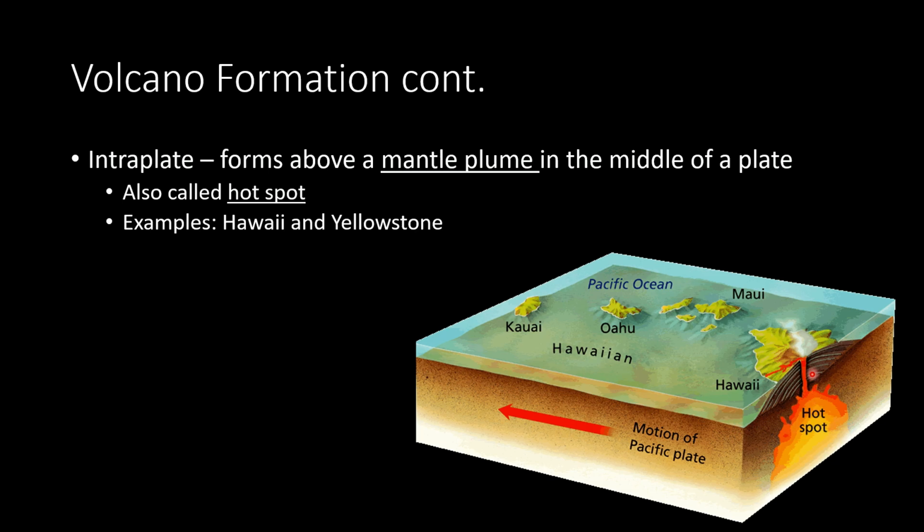The examples we have, like in this diagram here, it's Hawaii. So there's a hot spot in the center of the Pacific plate, and above that hot spot, you get a chain of shield volcanoes forming. So since the hot spot doesn't move, but the Pacific plate is moving over the top of the hot spot, all of the Hawaiian Islands are ancient volcanoes that used to be above the hot spot.